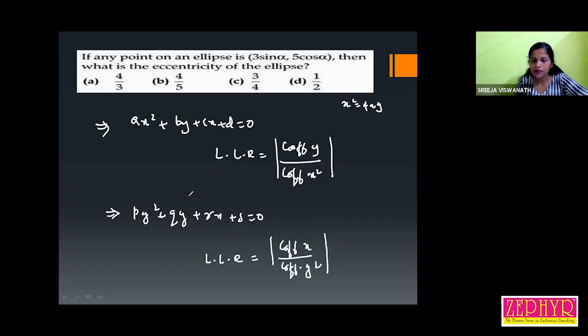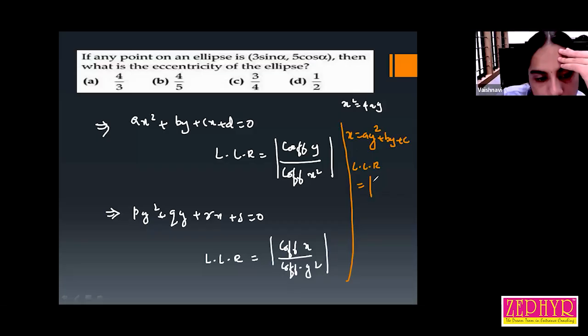For example, suppose a question comes: what is the length of latus rectum of the parabola x is equal to ay square plus by plus c? Modulus of b by a?